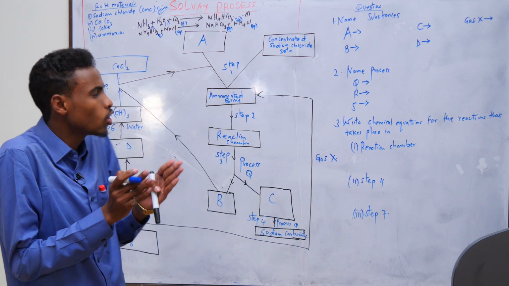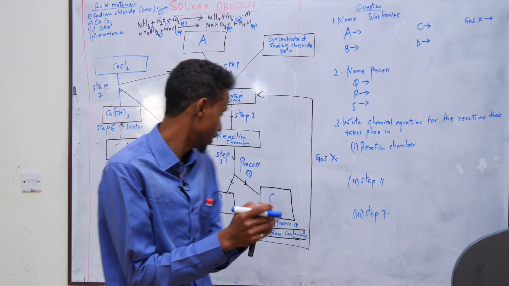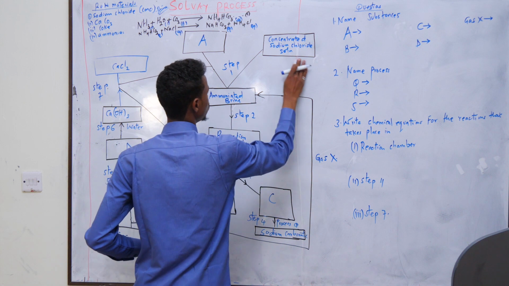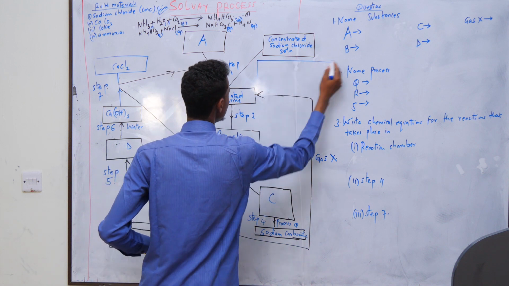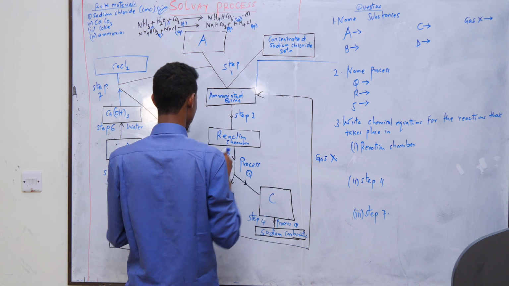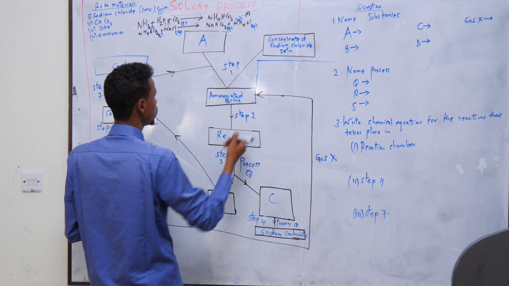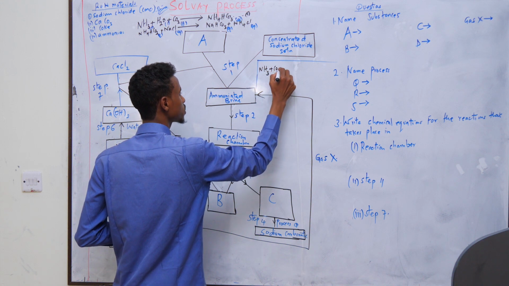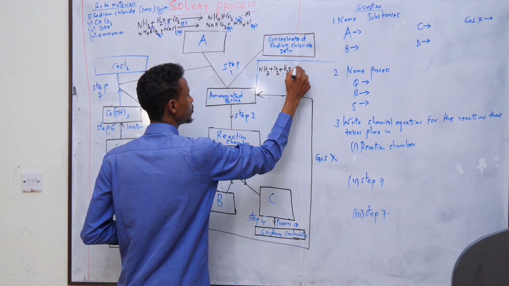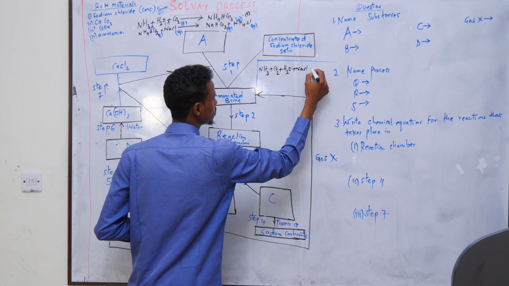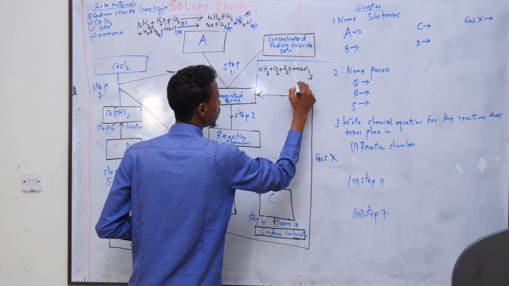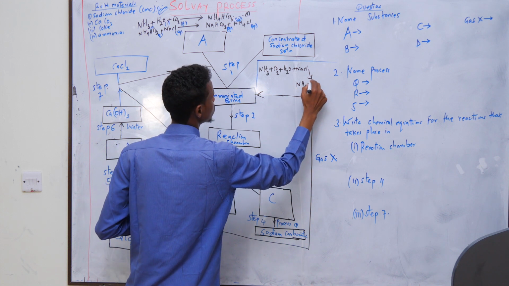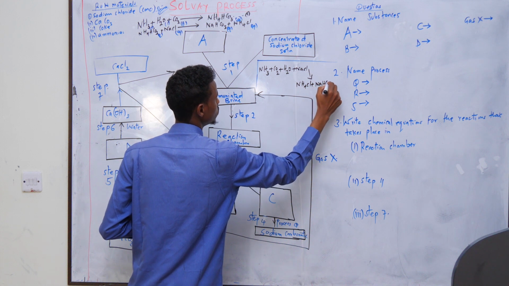Now, the general equation summarizing everything. The general equation for the process, using the ammonia, is ammonia plus carbon dioxide plus water plus sodium chloride to form ammonium chloride plus sodium hydrogen carbonate.